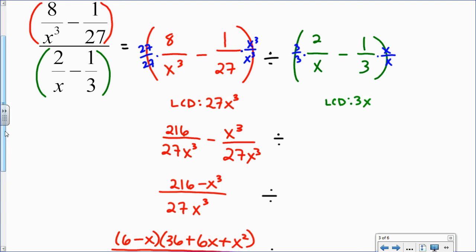So 3 times 2 gives me 6 over 3x minus, what do I get here? x over 3x. Okay, go ahead and subtract across the numerators. So 6 minus x over 3x.